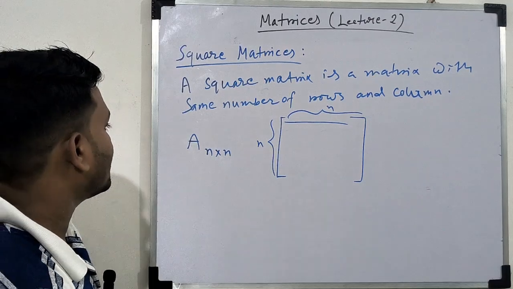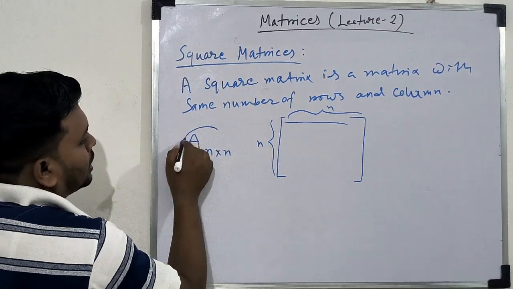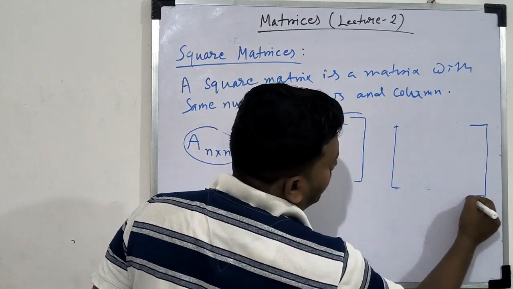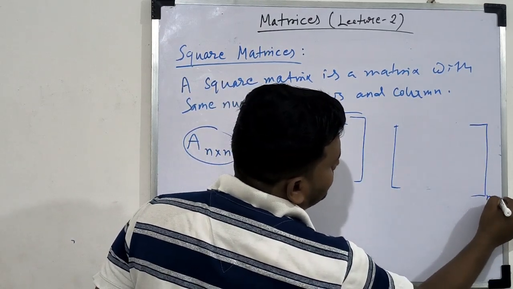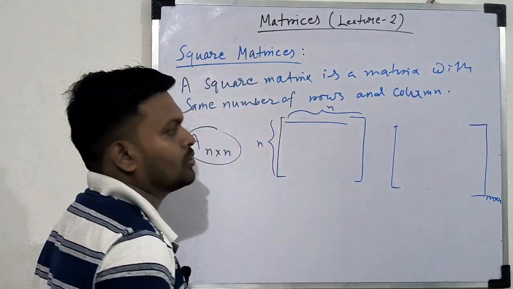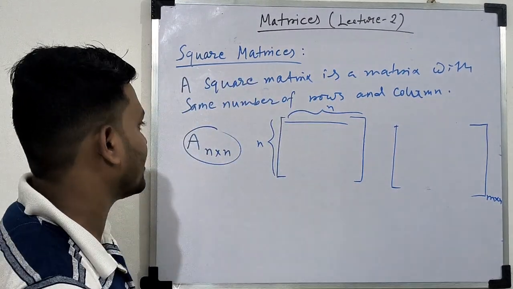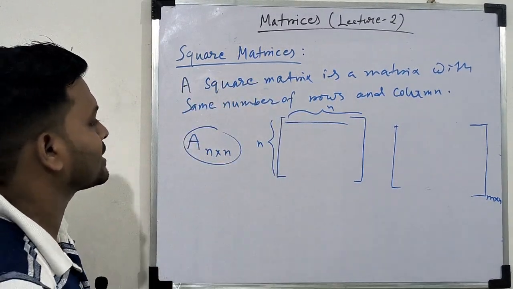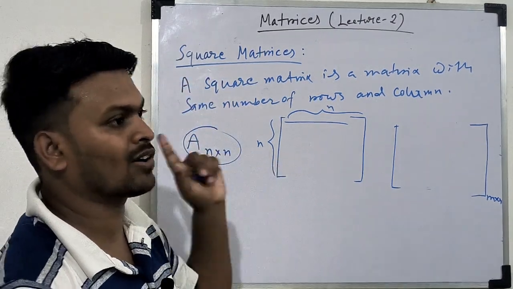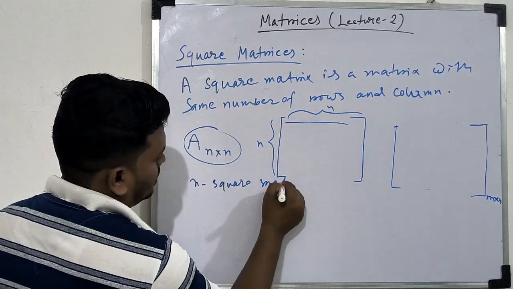That's why it is called a square matrix. A rectangular matrix is m cross n, with m rows and n columns, which looks like a rectangle. A square matrix of order n is called an n square matrix.